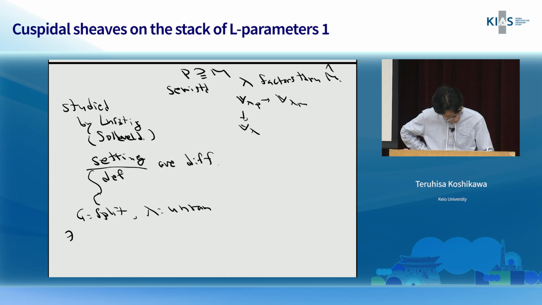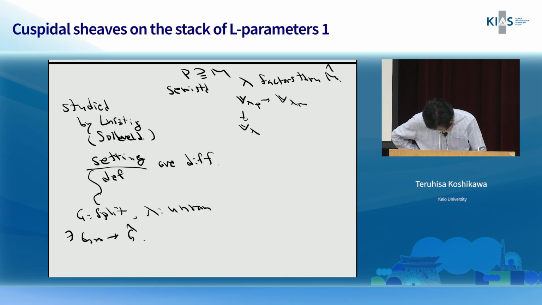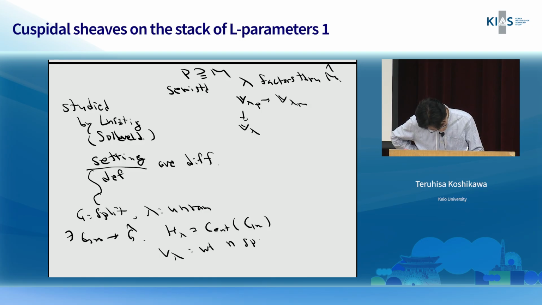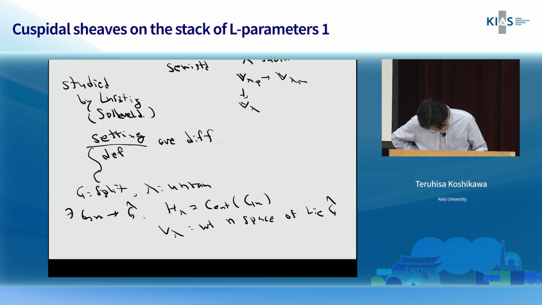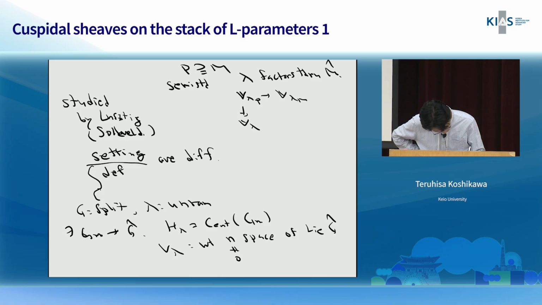Namely, there exists a co-character such that H lambda is the centralizer of this co-character, and B lambda is a weight n space of the Lie algebra. And here, n is some non-zero integer. So this just exists.